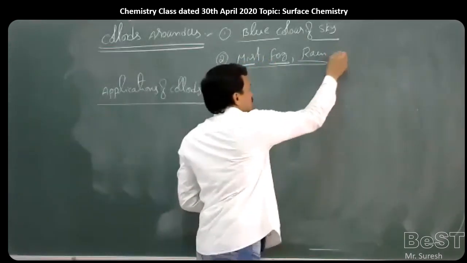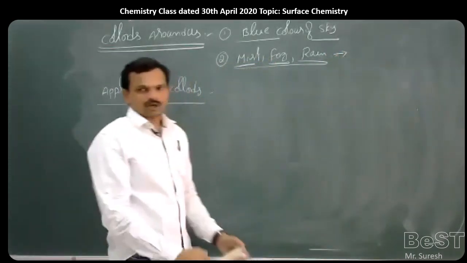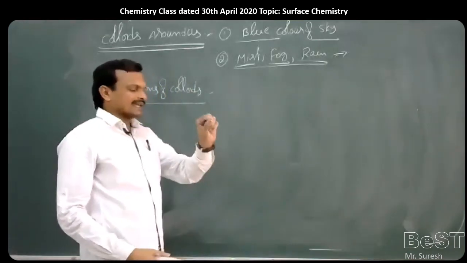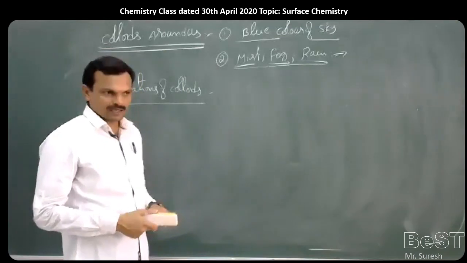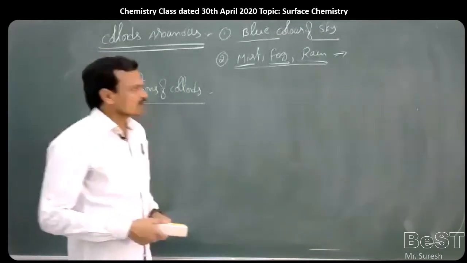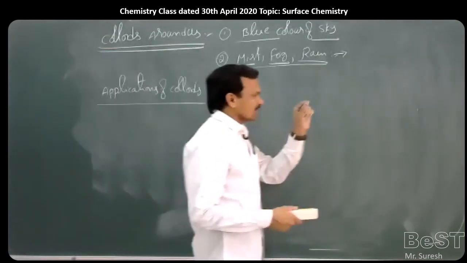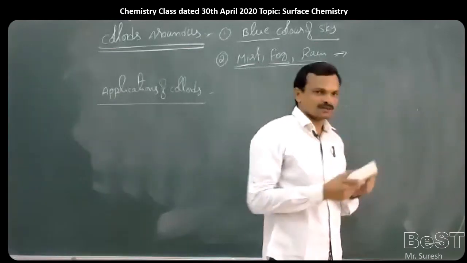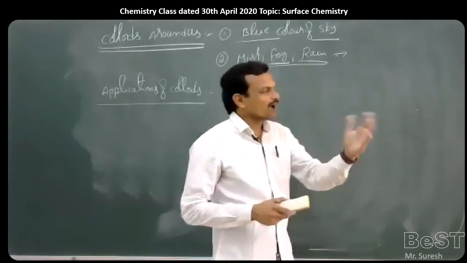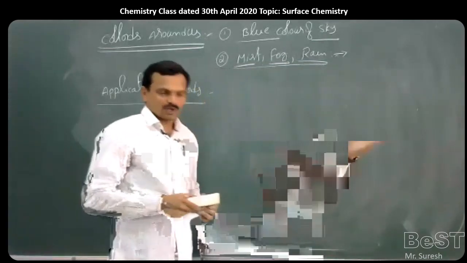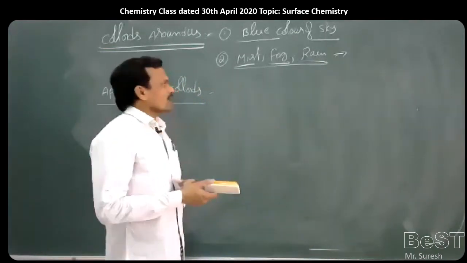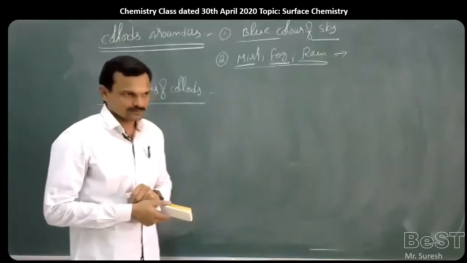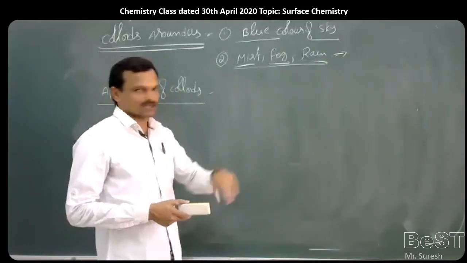Rain is formed from clouds. Clouds are nothing but tiny droplets of water dispersed in air, which is an aerosol. Whenever the charge present on the clouds is neutralized, either by a natural method or by an artificial method, such as spraying electrified sand, we can cause artificial rains.